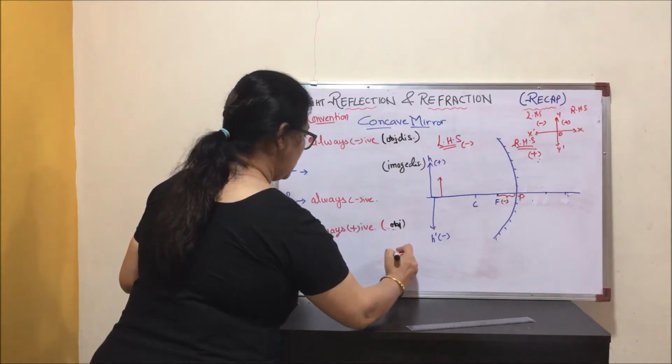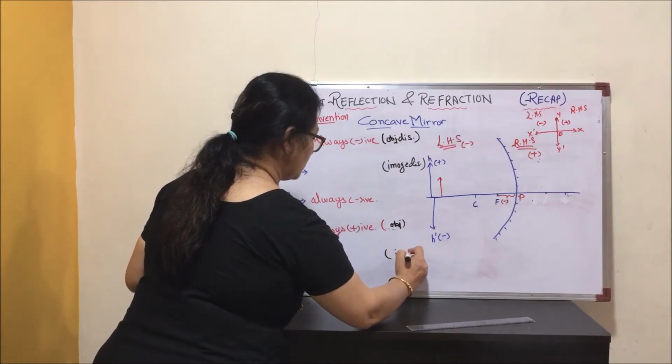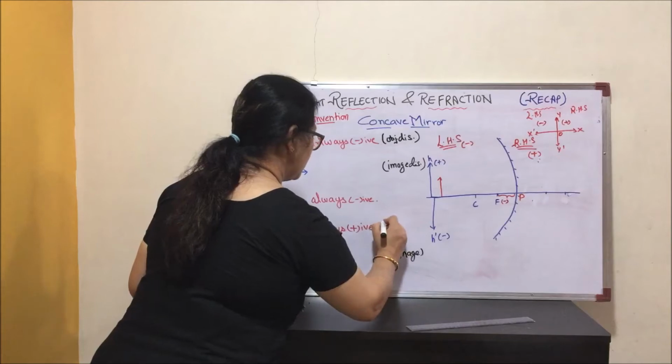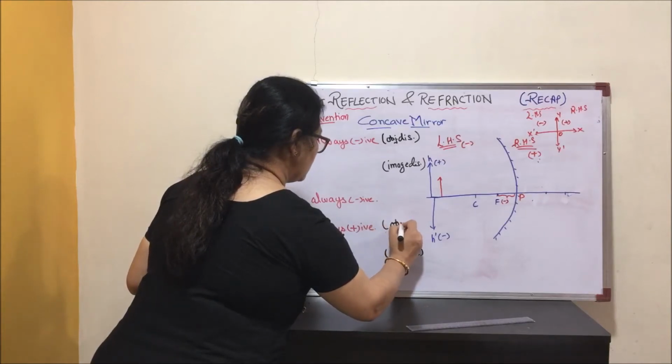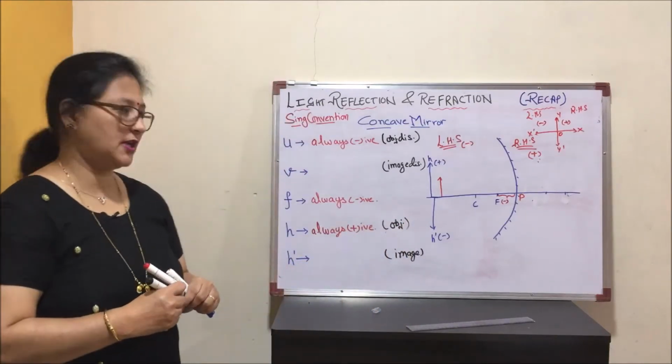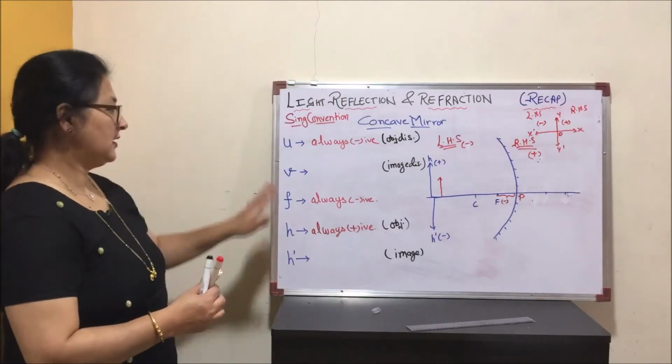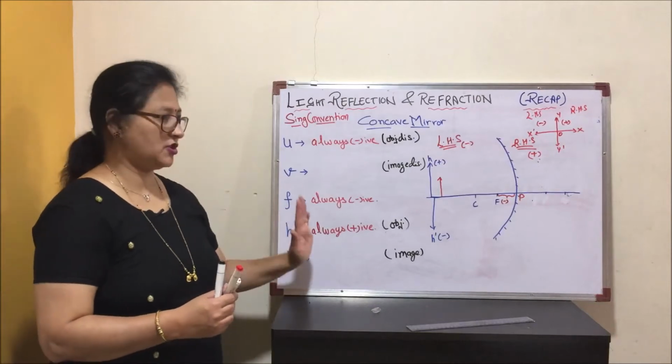And this is height of an image. Height of an object, H, and height H dash is height of an image. Now, if these terms are clear, we shall go ahead.